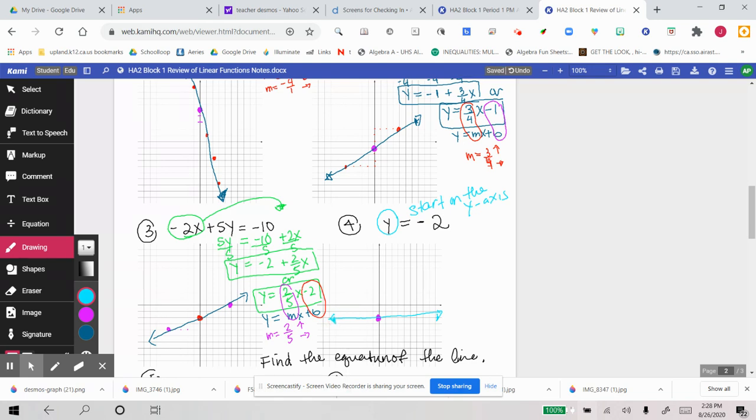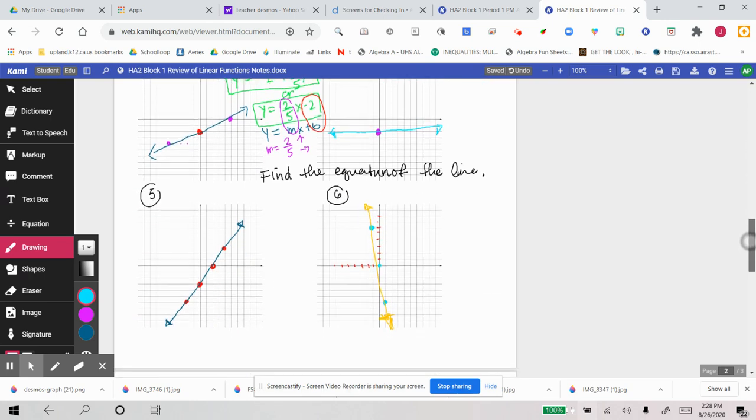Okay. The last two problems that I want to review are going backwards. How would you write the equation of the line? We're going to put the equation of the line in slope-intercept form. So y equals mx plus b. Right here, we want to look for where it crosses the y-axis.